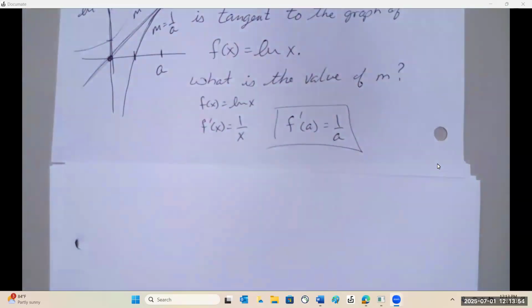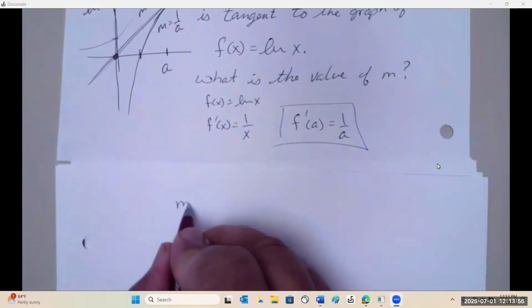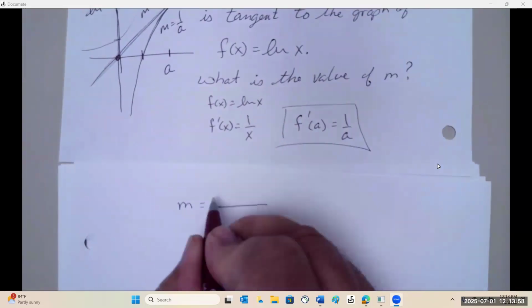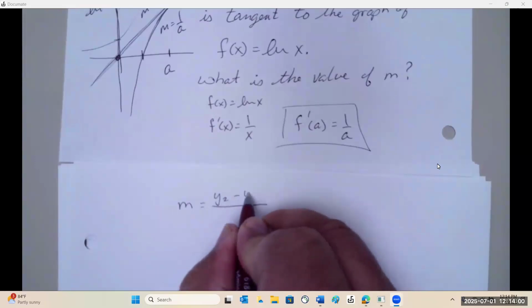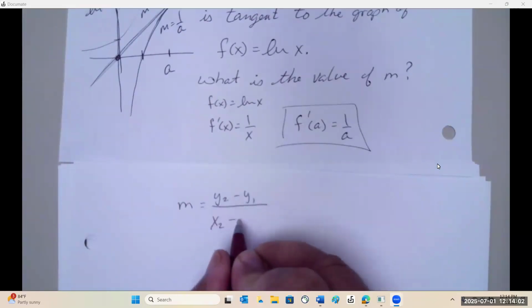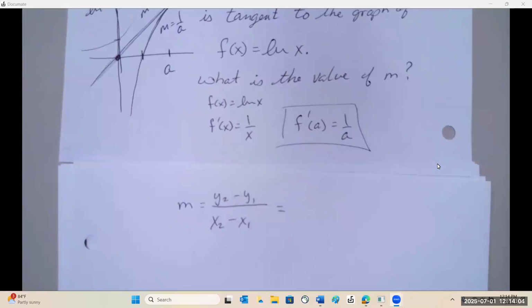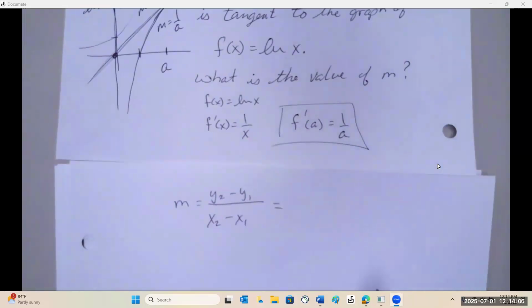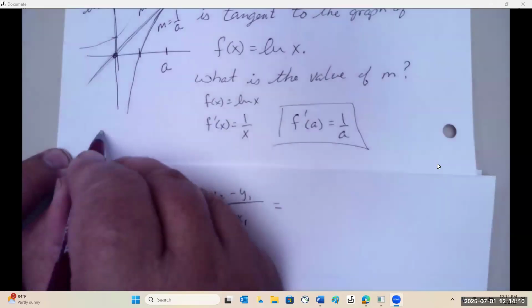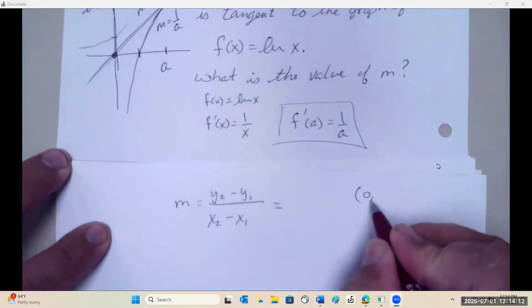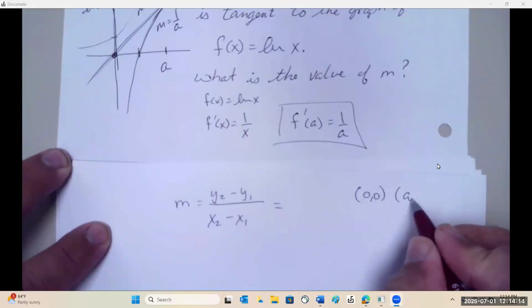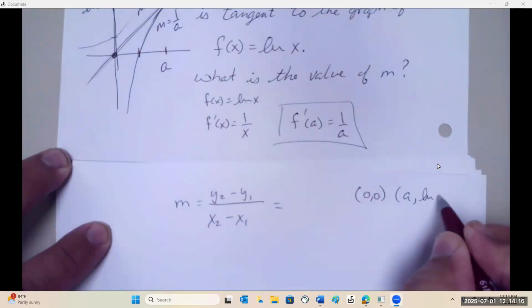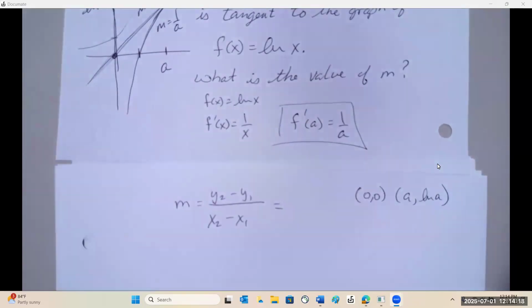Against the algebra rules. So to find the slope, we need to know y2 minus y1 over x2 minus x1. And we have two points. We have a point at 0, 0, and we have a point at a, ln a.